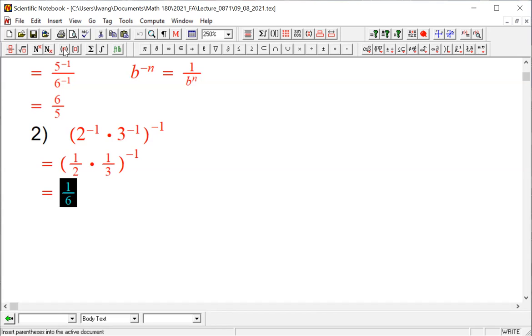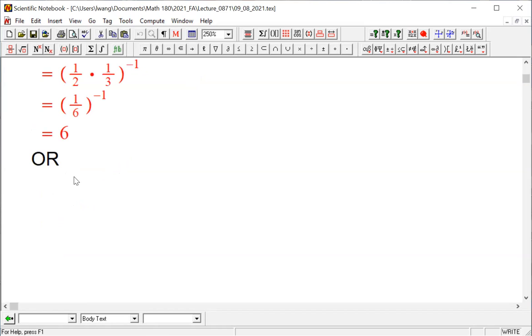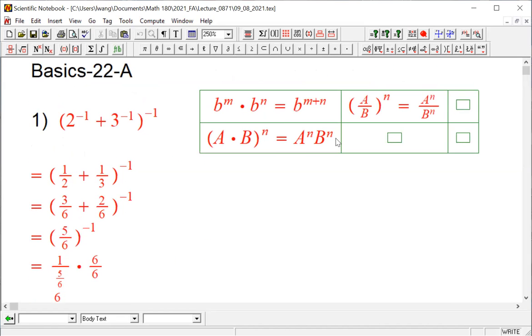But there's an outside power, and then you're going to get 6. So it's going to be equal to 6. Or, you don't have to do it this way. You can totally do it this way by manipulating the power using that property.